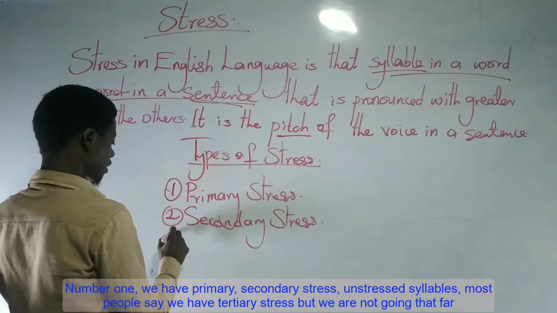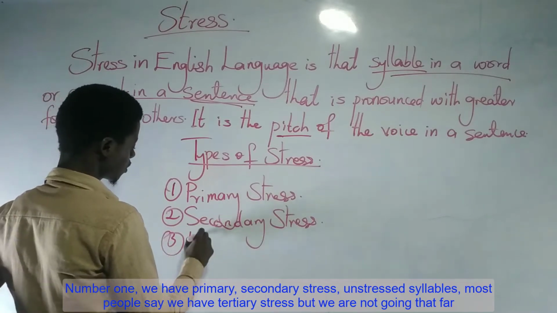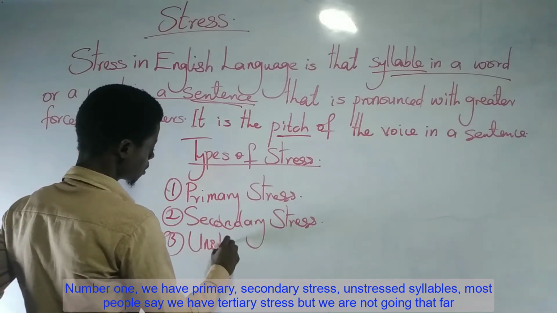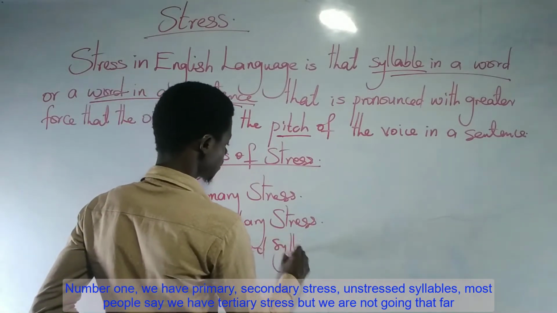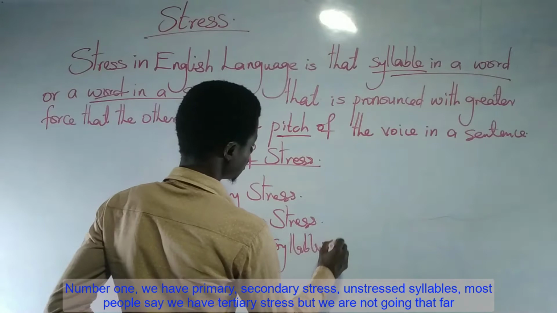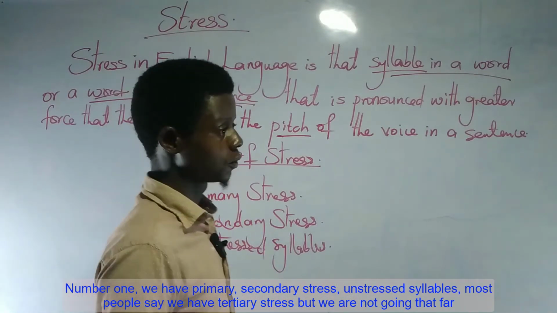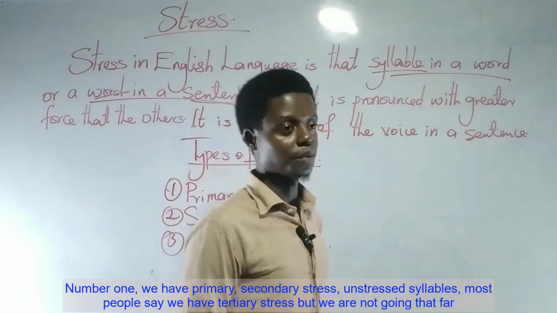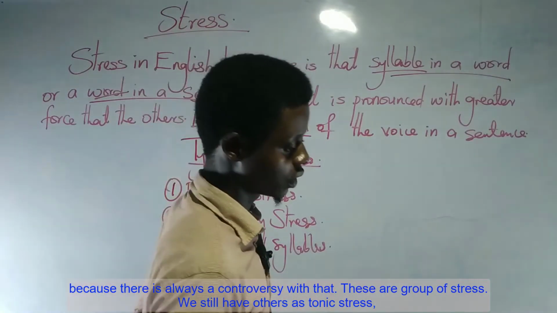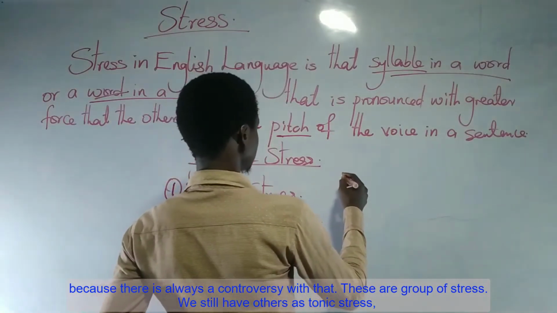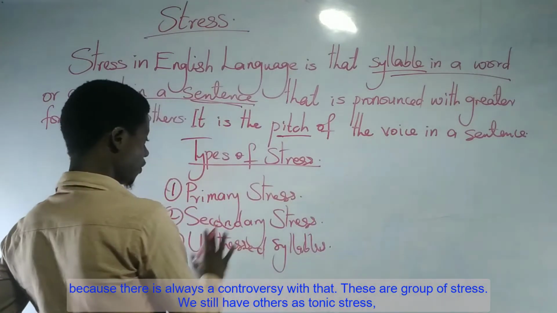We have unstressed syllables. Most people say we have tertiary stress, but we're not going that far because there's always a controversy about that. Then these are a group of stress.